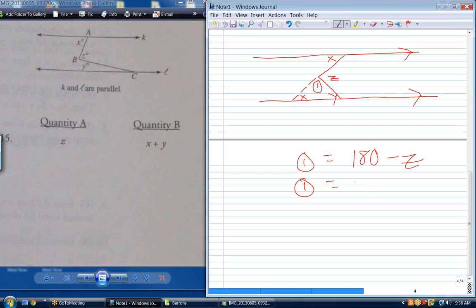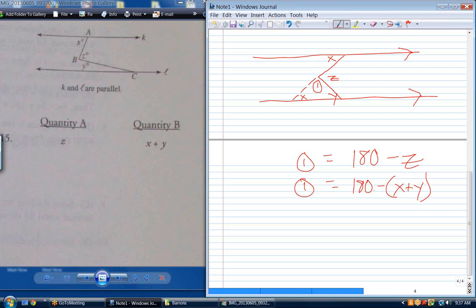I was going to say X plus Y. Well, 180 minus X plus Y, right? Three angles have to add to 180. So X plus Y plus angle 1 equals 180.